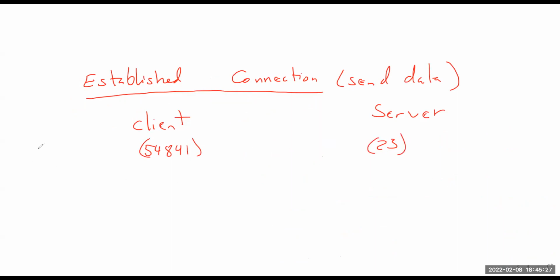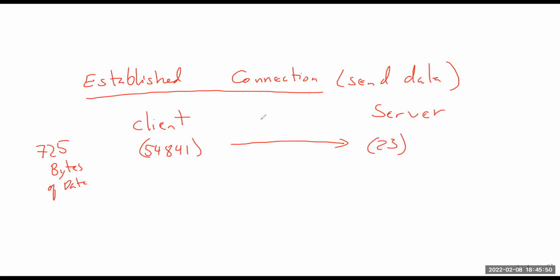Let's say that the client here wants to send 725 bytes of data, just for whatever reason, or it could be HTTP, which would send a lot more data than that. So now we're going to send the data, right?